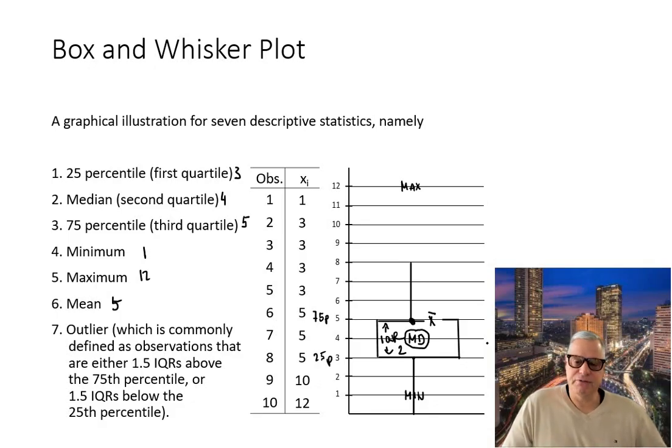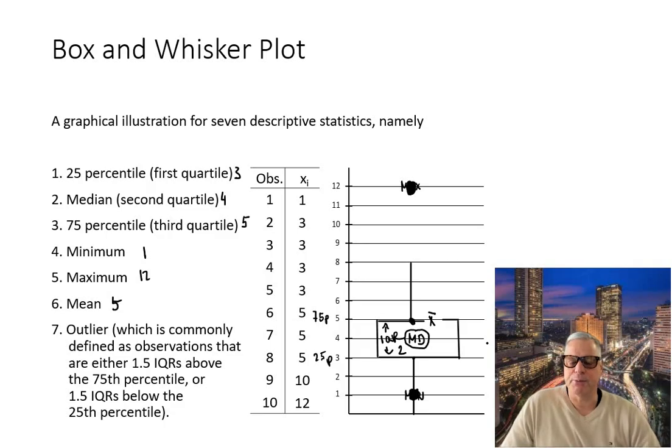So this is a very informative observation, and again we may have here the minimum, and typically you just see dots, and here's a dot for the maximum, and maybe the median is characterized by a star, and the mean maybe by a cross.